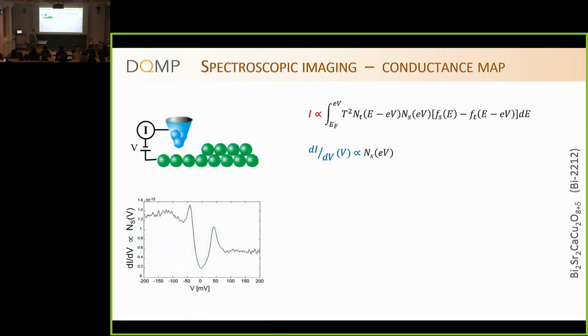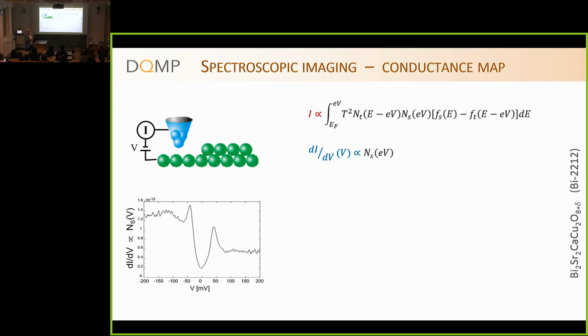Another thing going yet a step further is spectroscopic imaging. So what we've seen so far is topographic imaging. I showed you spectroscopy, but you can do spectroscopic imaging, and the way this is done, again, you measure this time, again, IV or dI/dV curve. Here I show an example measuring the dI/dV curve directly, which again is proportional to the density of states of the sample.